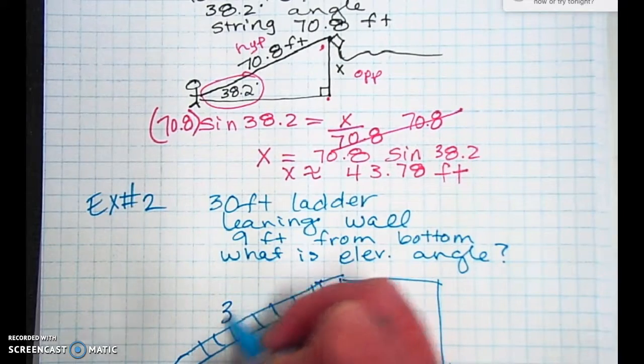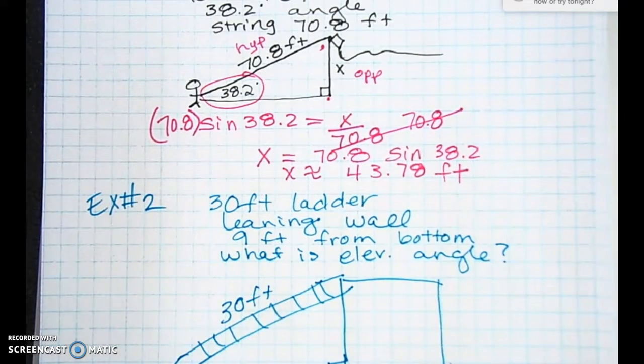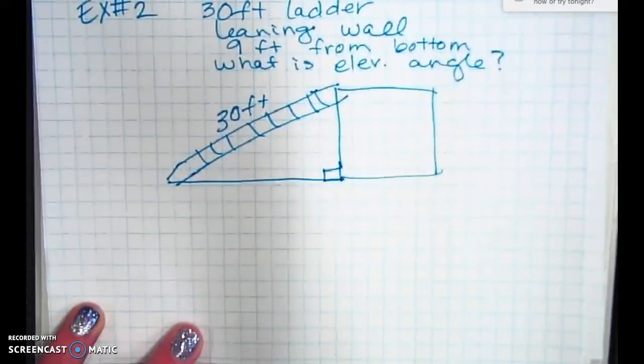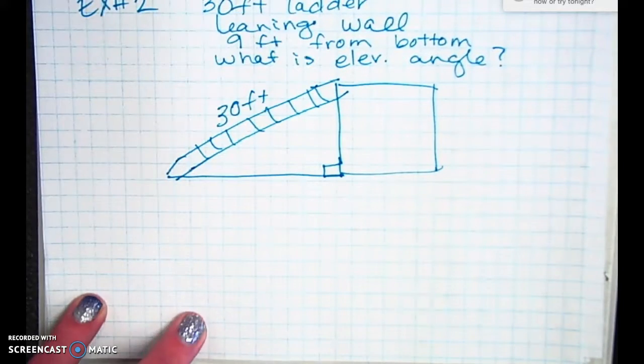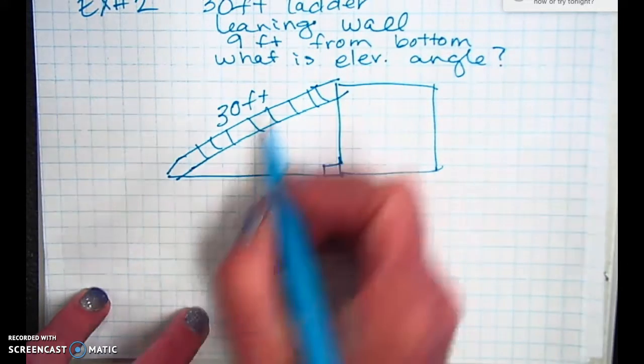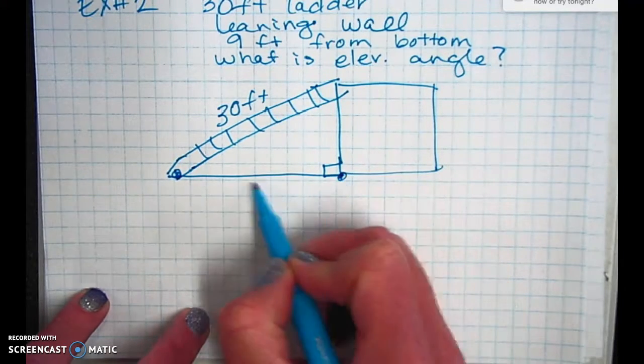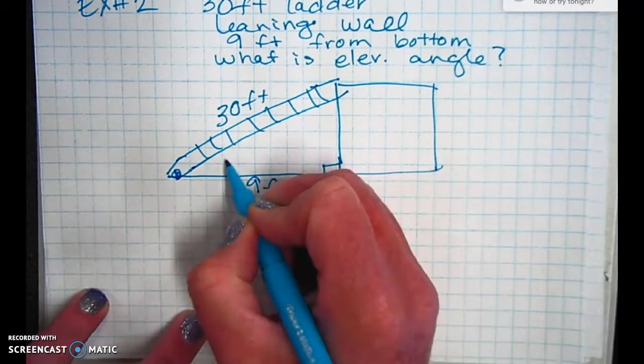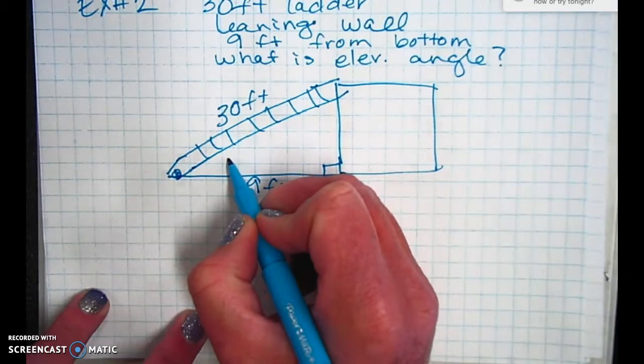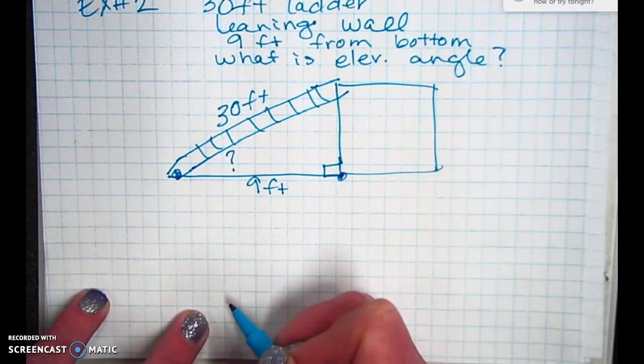That ladder is 30 foot. I know I'm quite the artist, right? Yeah, that's super fancy. And from the bottom, from right here to here is 9 feet. We want to know this angle right in here, question mark.